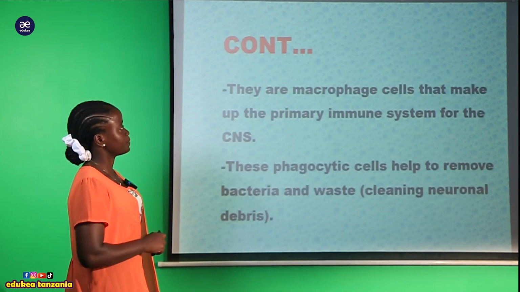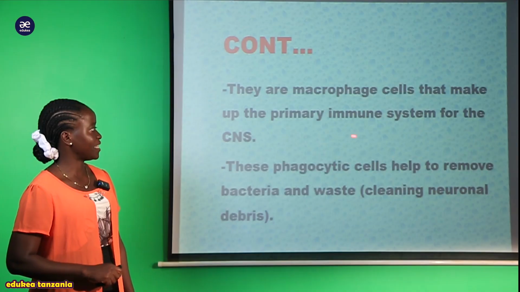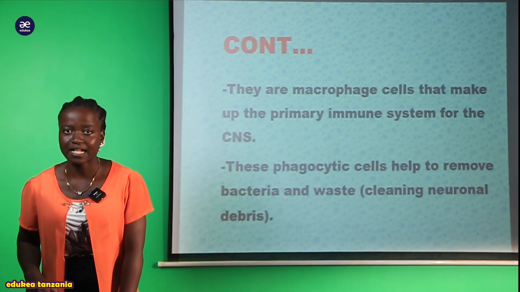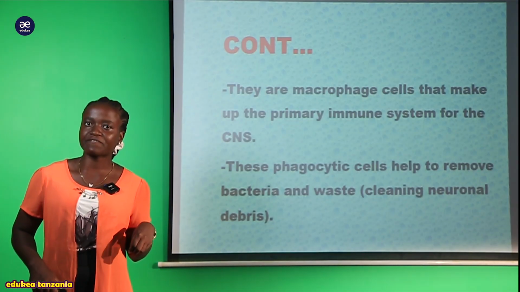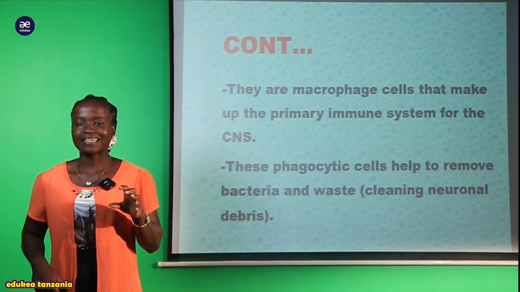So we have to know the function of this now. Here we are saying that they are macrophage cells that make up the primary immune system for the central nervous system. They are macrophage cells, meaning that any invaders that can enter through the central nervous system, this microglia can feed on it, can kill it.